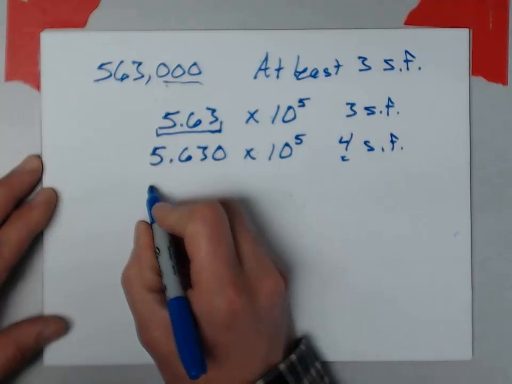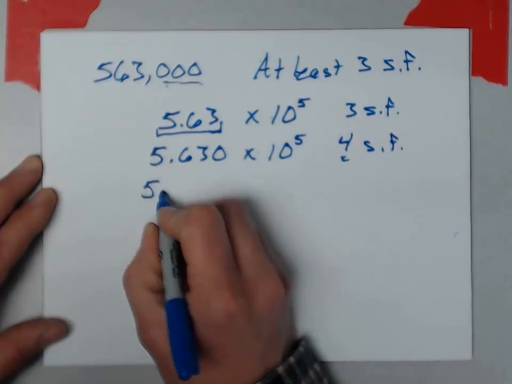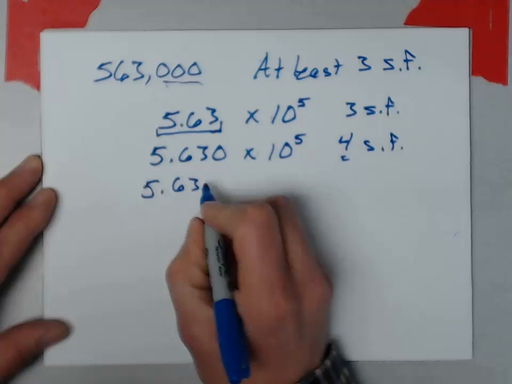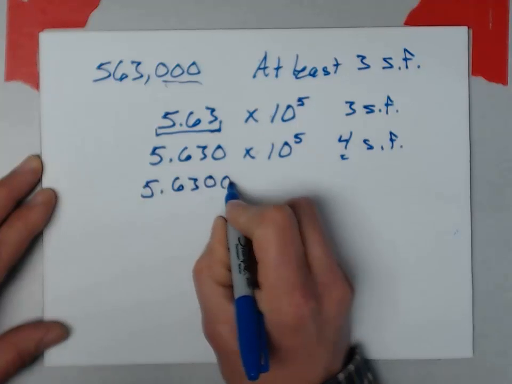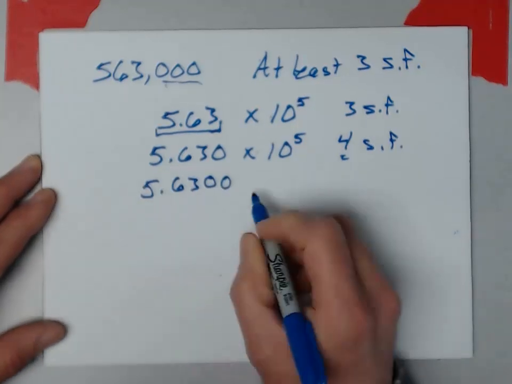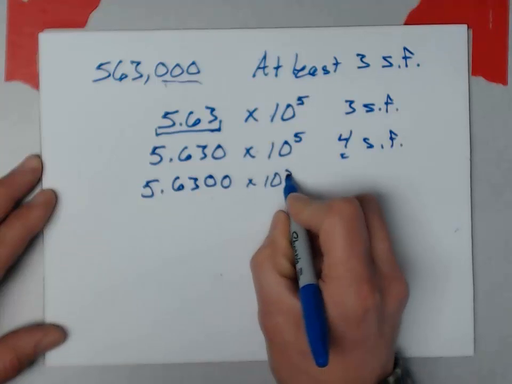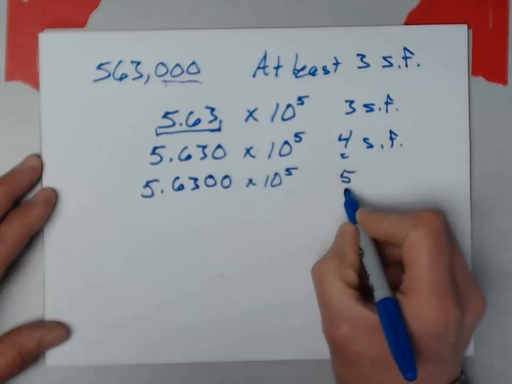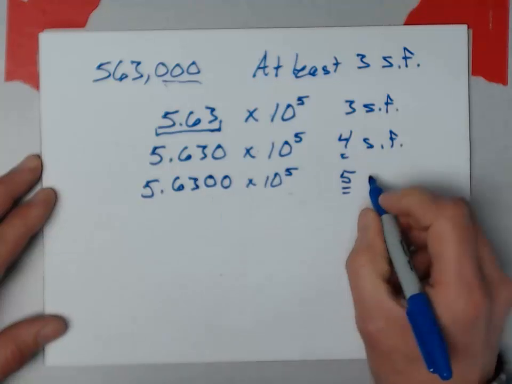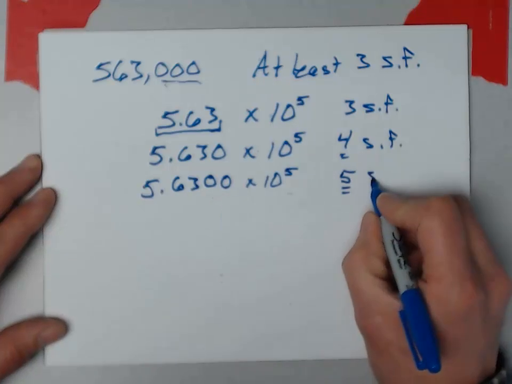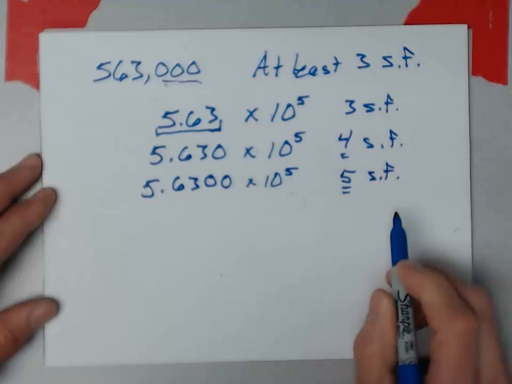If it had 5 significant figures, I could write it 5.6300 times 10 to the 5th. There, that number is written in a way that shows that it has 5 significant figures.